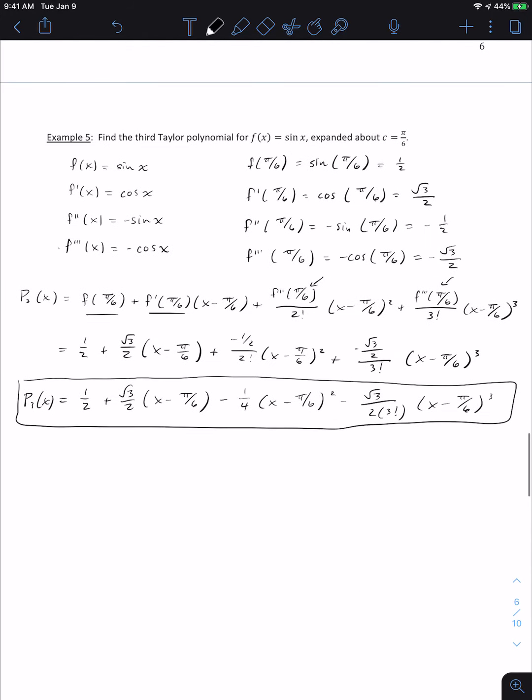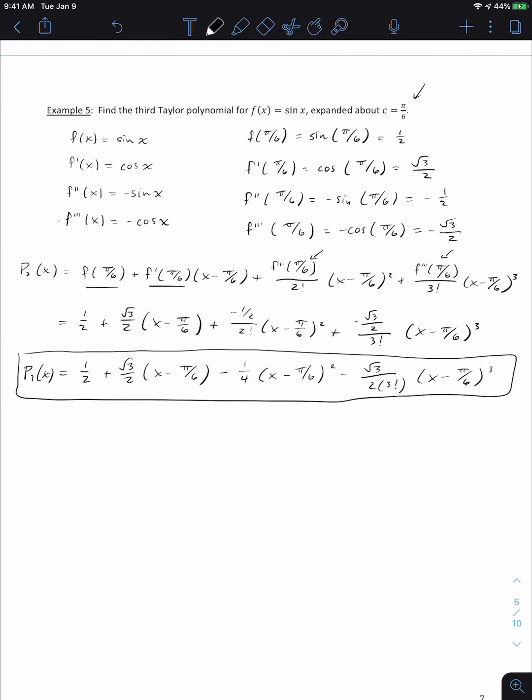So for example here, I centered this at pi over 6, right? That means, remember this is an approximation for f of x equals sine of x, if I wanted to find an approximation using this polynomial, it would be a really good approximation if I were looking at pi over 5 or even pi over 7, right?